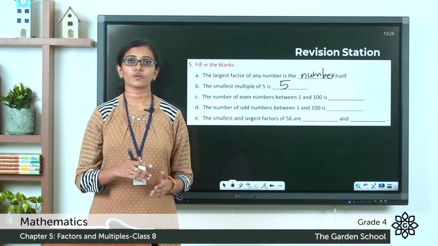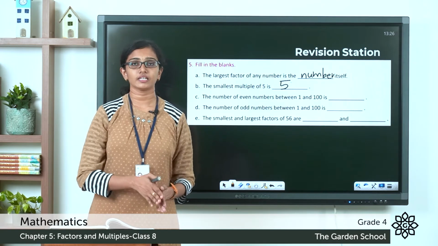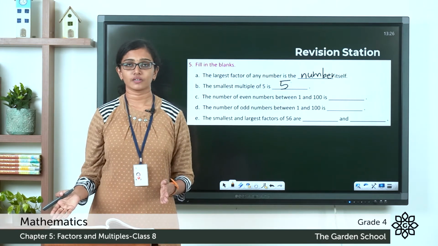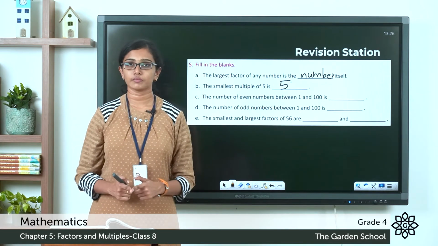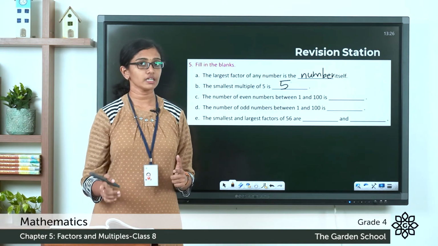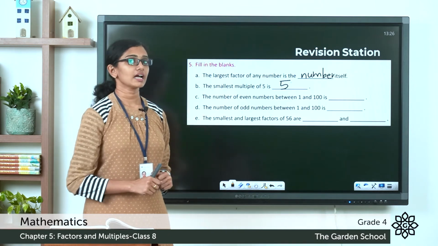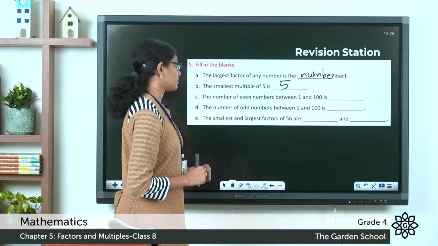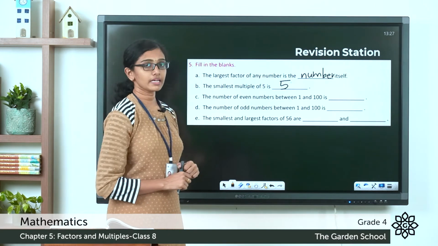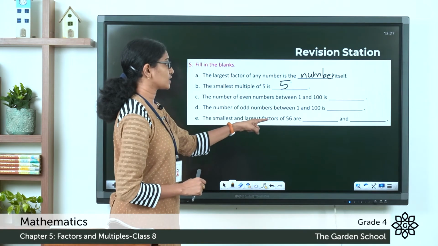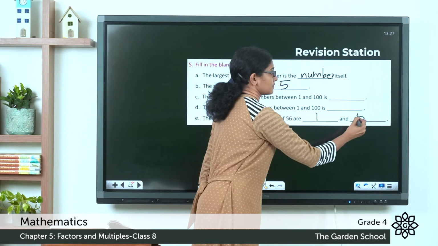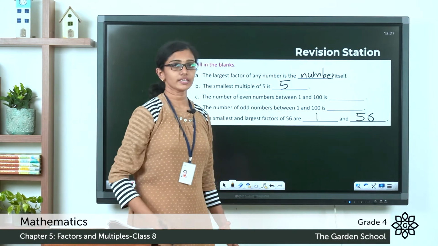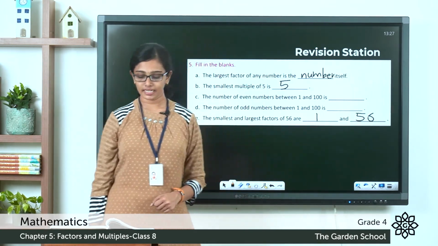So, we know for all the numbers 1 is a factor and the number itself is a factor. All the other factors will come in between. So, the smallest factor will be 1 and the largest factor will be the number itself. So, the smallest and largest factors of 56 are 1 and 56, 1 being the smallest and 56 being the largest.